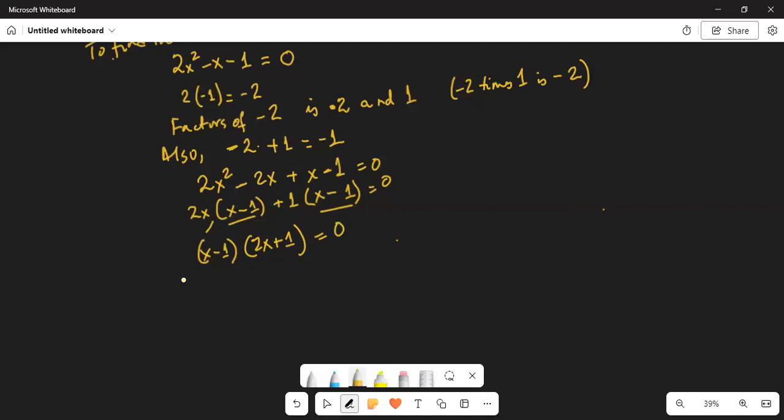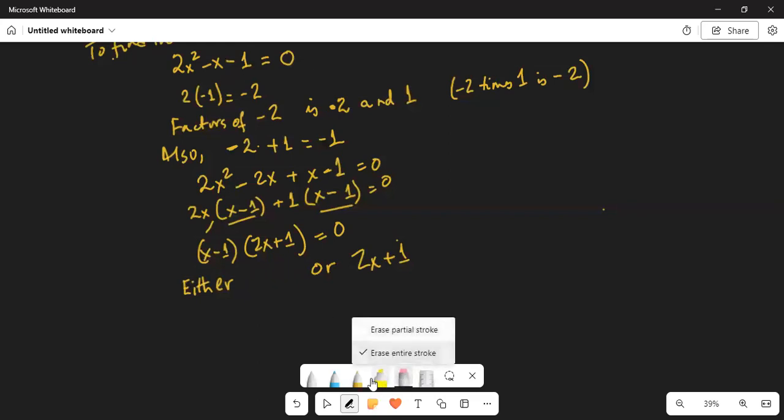I should not jump steps. So either x minus 1 equal to 0 or 2x plus 1 equal to 0.